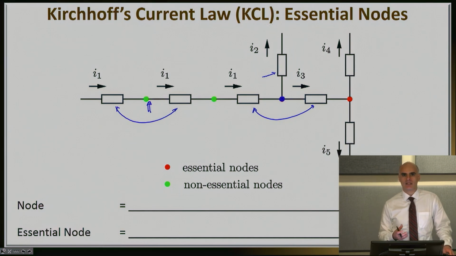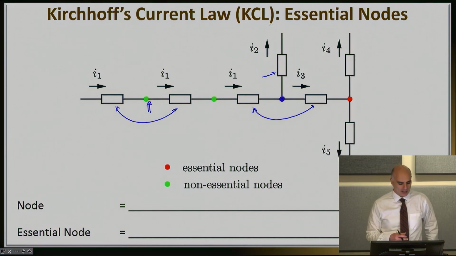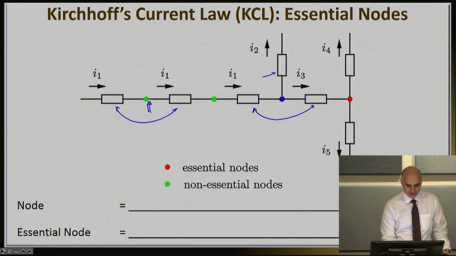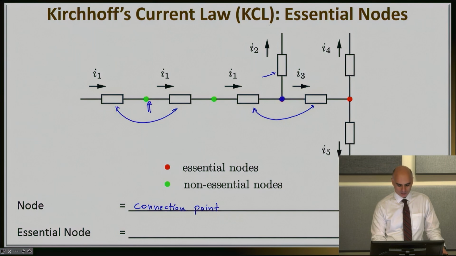To make that distinction easier to communicate, I will more precisely define the concept of a node. A node is essentially a connection point in a circuit, and I will say a node is a connection point with two or more devices.